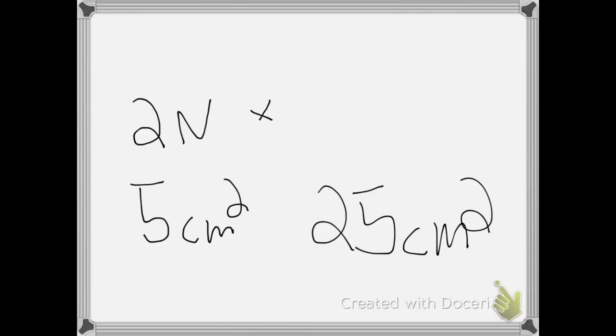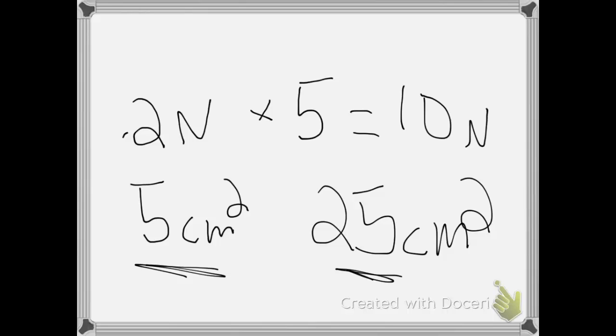So the big idea to know, how many times bigger is the right side than the left side? So 25 divided by 5 would give me 5 times bigger. So that number 5 is what I multiply my newtons by. So 2 times 5 is going to give me 10 newtons of force.